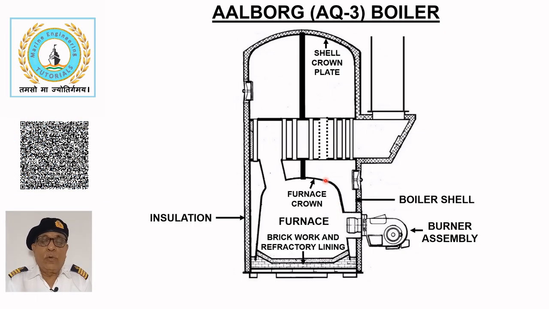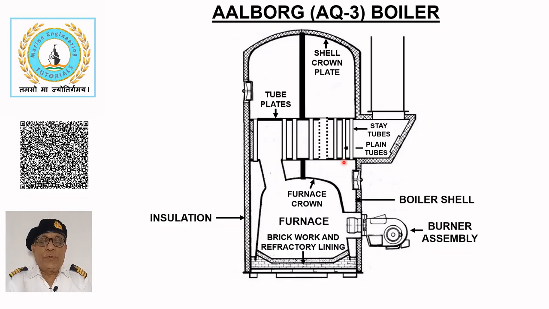The dome-shaped furnace crown is self-supporting and avoids any stays. Two tube plates form the steam generating section, to which generating tubes are attached which carry water through them.